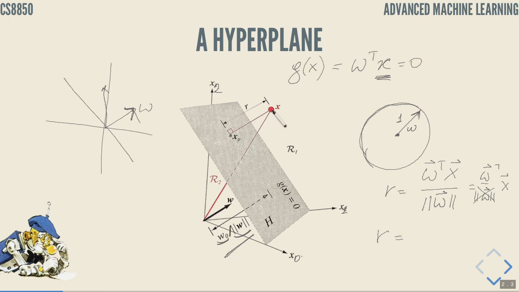R, the distance of a point from a hyperplane, equals W transpose X, the inner product, the projection. What happens to two different vectors that are not on the hyperplane, or two points equivalently? So point 1 and point 2, and I'm inconsistent, of course. It should be point 0, right? Zero-based counting.